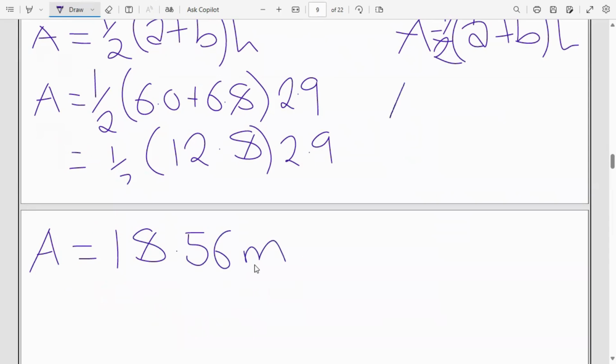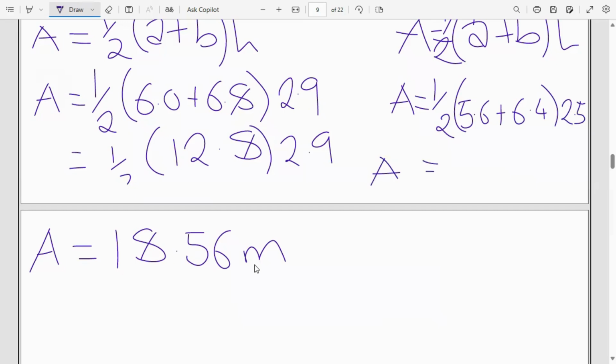So what about the graph for the mouse? I'm going to do the same. I'll say my A is equal to half. What was my A? My A was 5.6 plus my B, which was 6.4. My H was 2.5. So I'll have A being equal to half, the sum of those inside is 12, multiplied by 2.5.